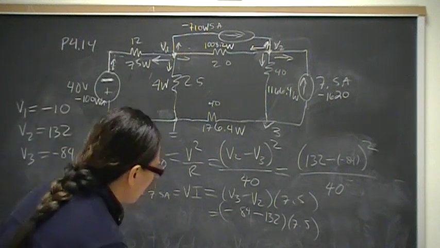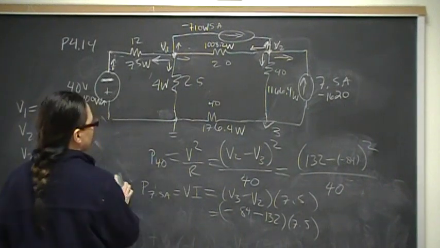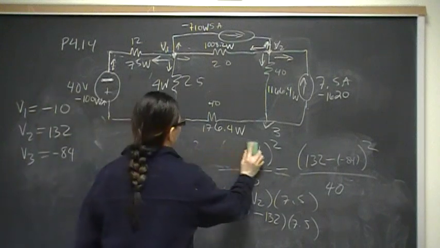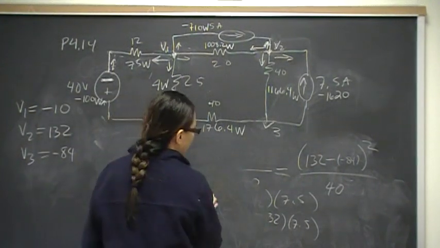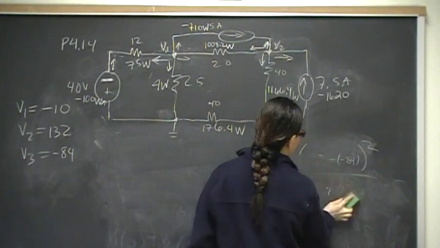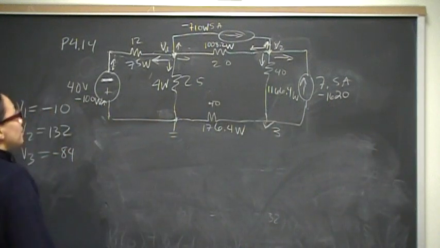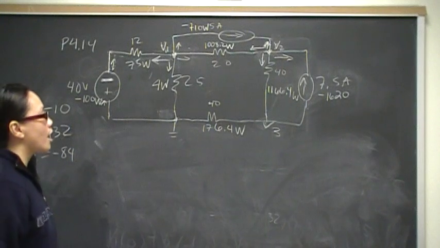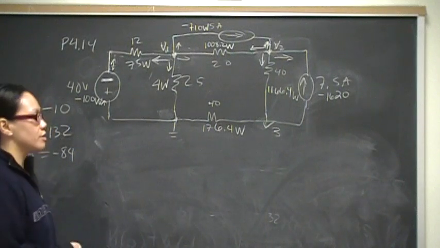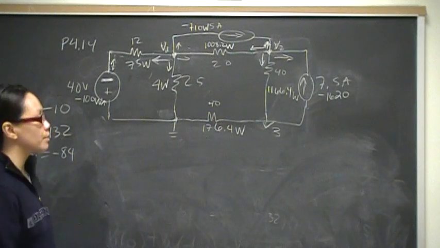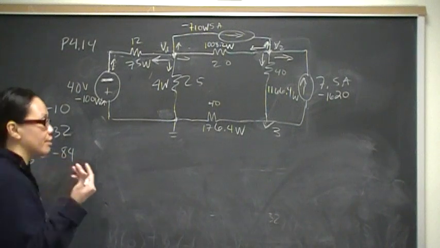Okay, so now we need to prove that power dissipated equals power developed, and that power and energy are conserved in a closed circuit. The negative numbers are the circuit elements that are developing power. The positive numbers are the circuit elements that are dissipating power.